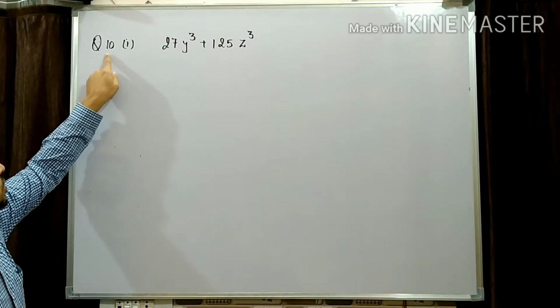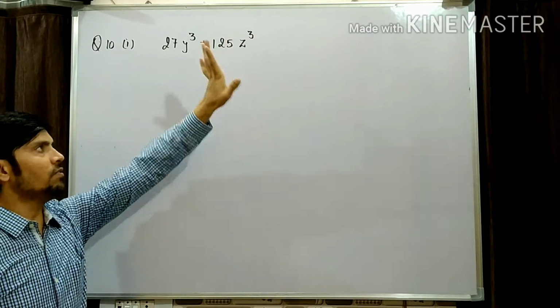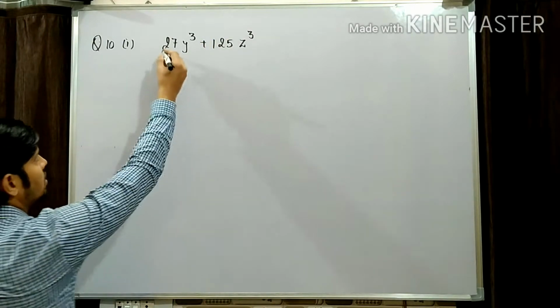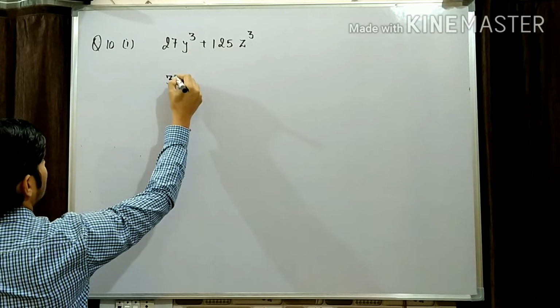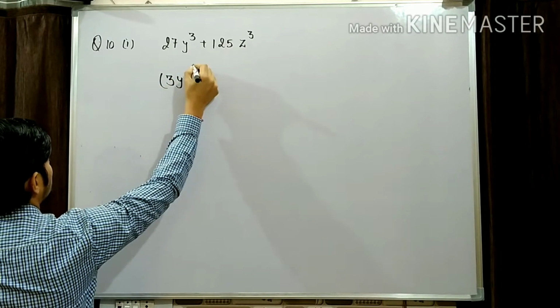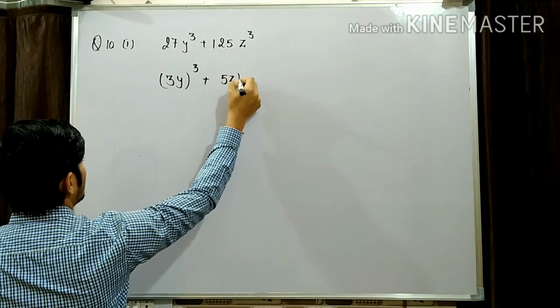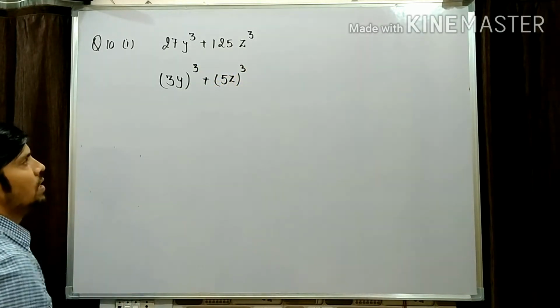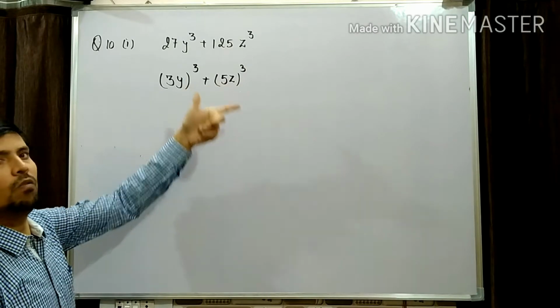See this question. This is the 10th question, first part. This is 27 y cube plus 125 z cube. Then this term can be written as, 27 y cube can be written as 3y whole cube, and 125 z cube can be written as 5z whole cube. Now this is x cube, this is y cube.